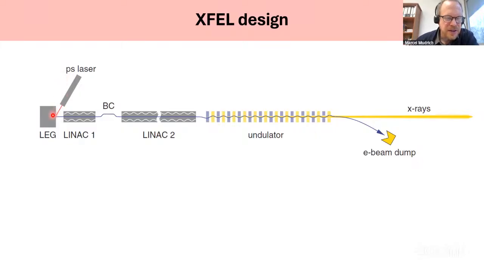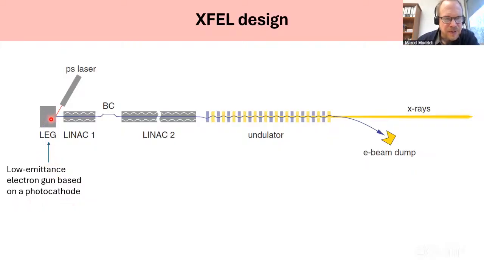It's not just thermionic emission out of a hot wire, like a glowing cathode type of electron gun, but since we want as short and as intense electron bunches right from the beginning, the best way is to start with what is called a low emittance electron gun based on a photocathode.